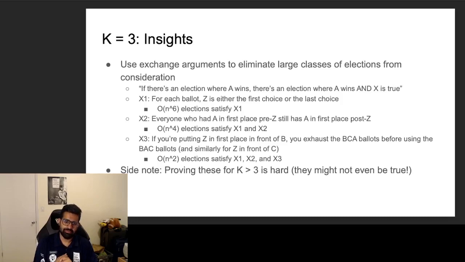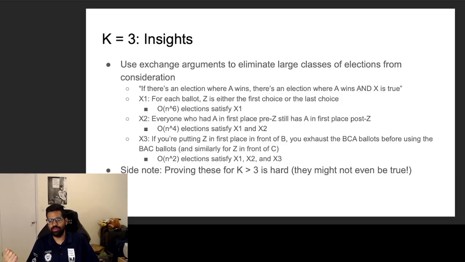The BAC ballot is easier in some sense to move to candidate A's pile, so we want to ruin the BCA ballot first. Similarly, you can say the exact same thing by symmetry for CAB ballots versus CBA ballots. And once you make this observation, there are only n squared cases to consider. How many ballots is B winning that need to be spoiled for candidate Z?